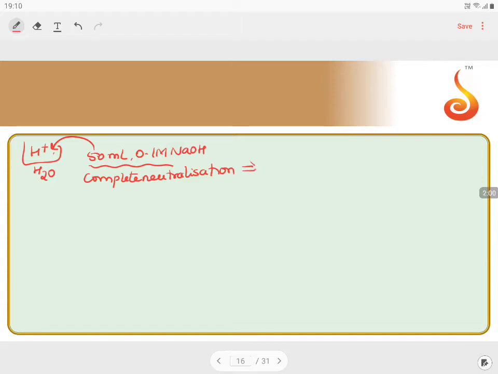What is the concept we have? Milliequivalents of acid is equal to milliequivalents of base. Milliequivalents of acid I can take as milliequivalents of H+ ion. H+ is equal to milliequivalents of NaOH, that is equal to 50 into 0.1, which is equal to 5.